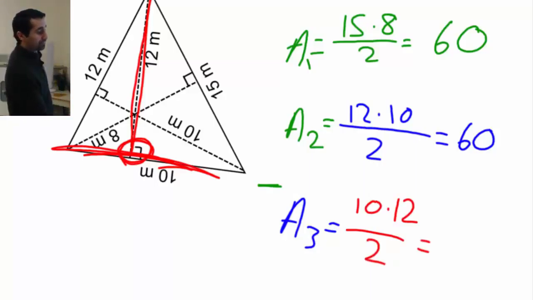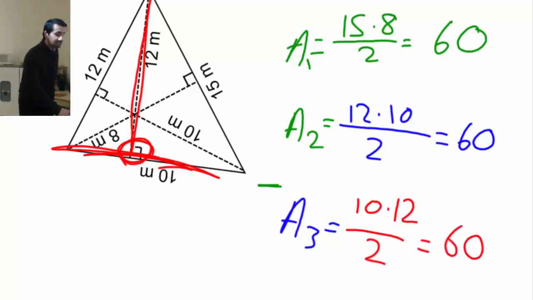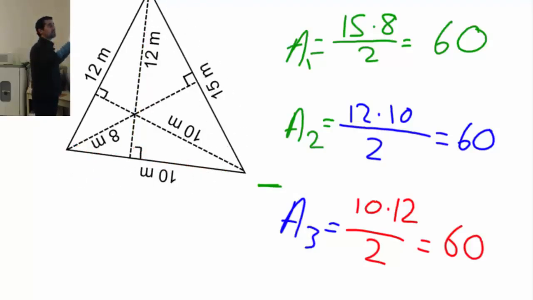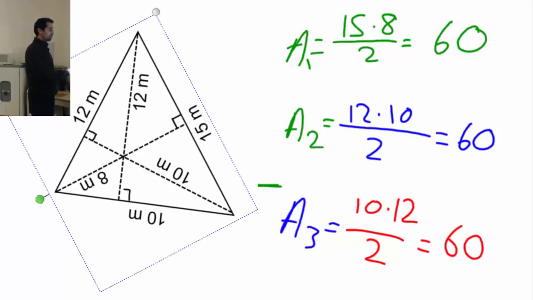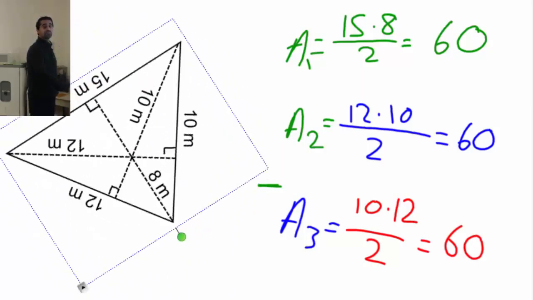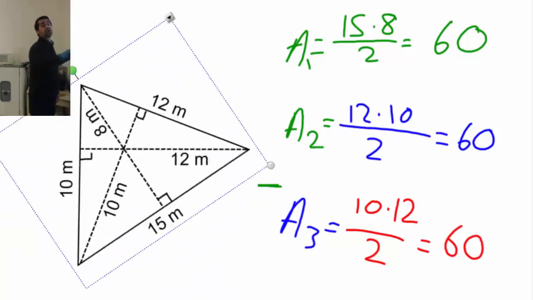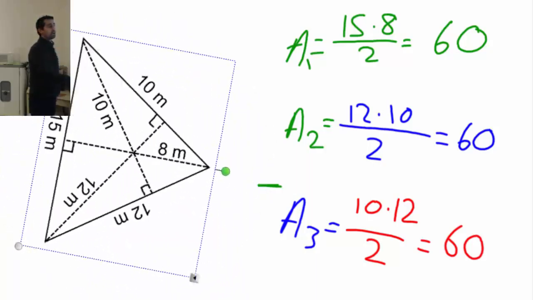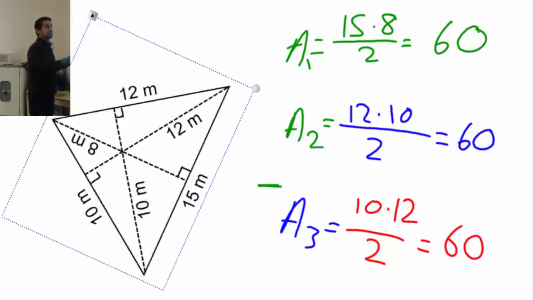That will also give you 60. What I am trying to say here is that it just doesn't matter which method you use. As long as you know the base and the height of the triangle, you will get the correct area of the triangle anyway.